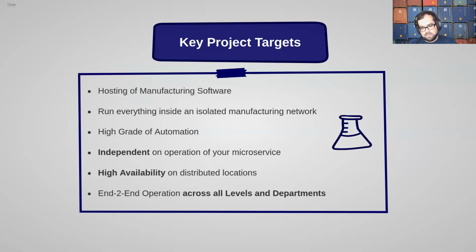Independence is important because we have multiple manufacturing plants and this must be independent, and also the operation for the Microsoft must be independent. More details later. Also the high availability. One other thing is end-to-end operation across all departments, but this will be covered by Mario later, how we manage that we can interact with multiple departments on the same target.